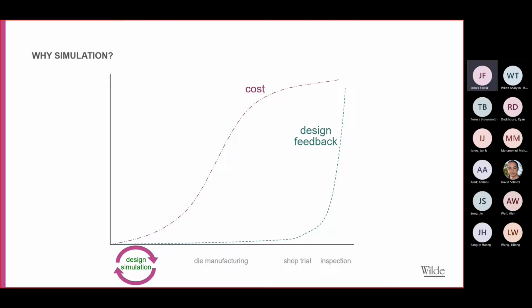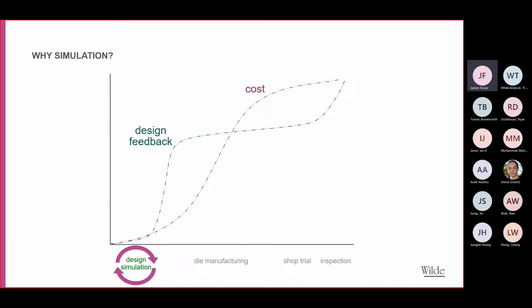But you can use simulation up front in that design process, go through the manufacturing process design, and get really early feedback, so that when you do go to shop trial on your production process, you'll have a lot more confidence that you're going to get it right first time, or be able to drill down to a good production process and get it up and running really quickly.